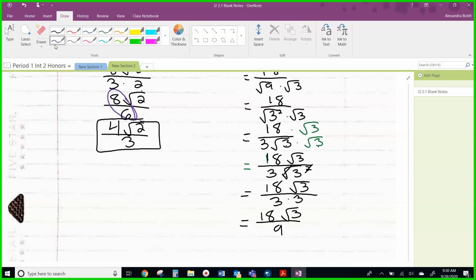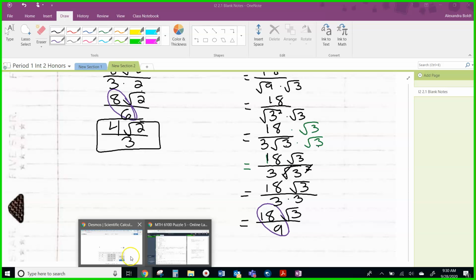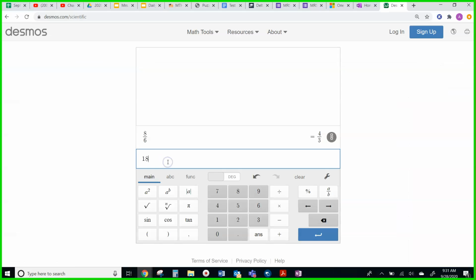And again, we always want to check if this divides. And it does. 18 divided by 9 is 2.